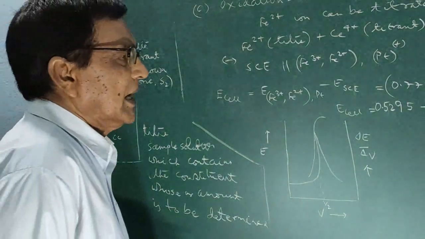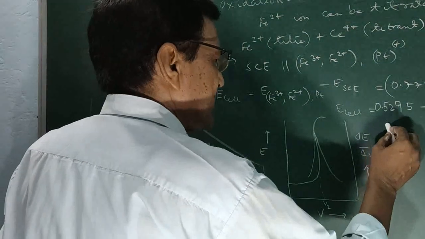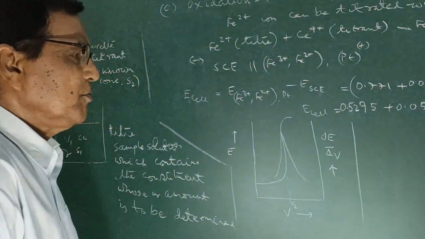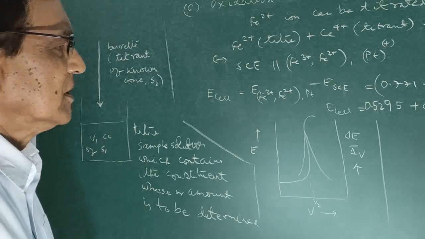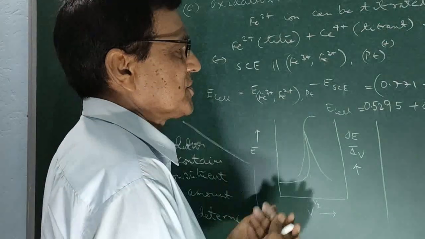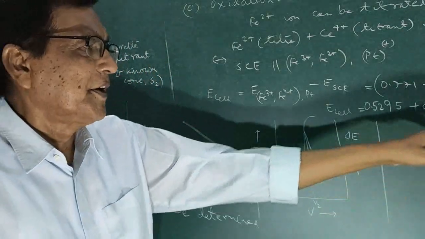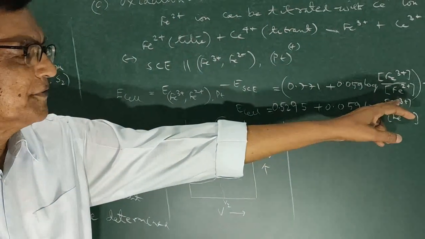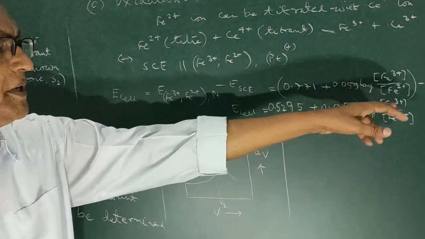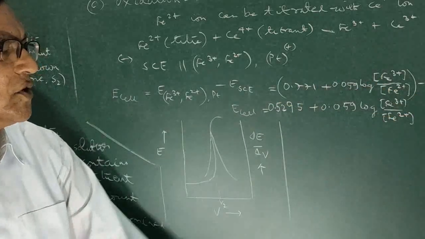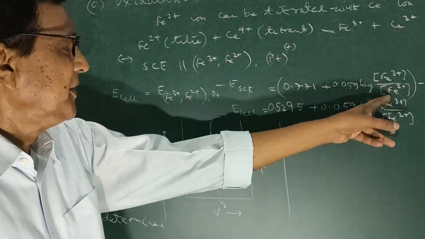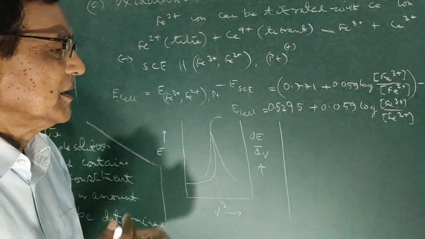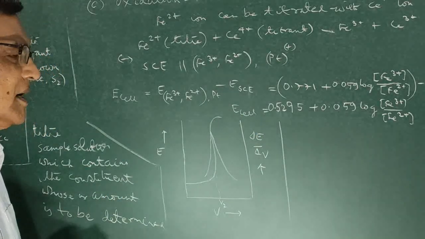And the potential of this indicator electrode at the start is undefined, as there might be a trace of ferric ion, but its concentration is not known, and so E cell at the starting point is undefined.